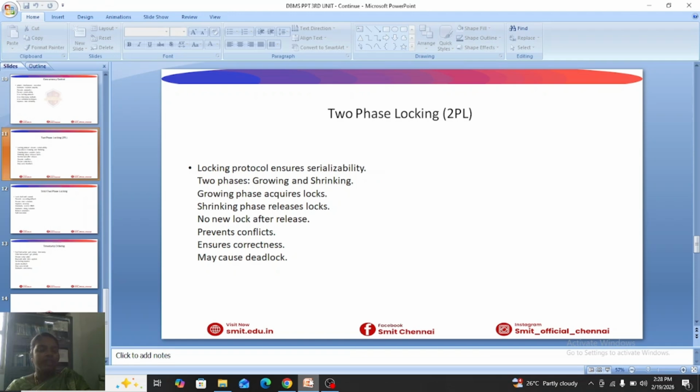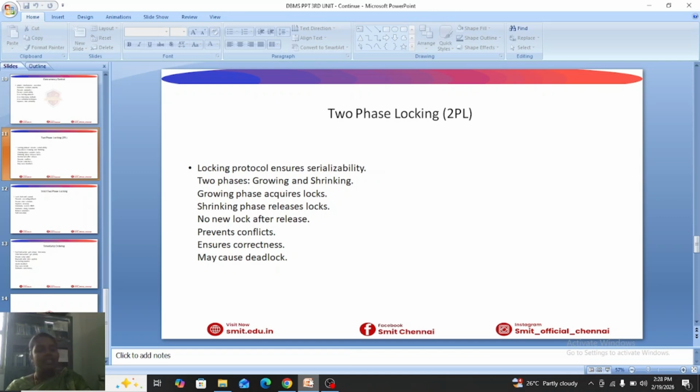Basic 2PL follows growing and shrinking phase rules, ensures conflict serializability, and may cause deadlock also. Strict two-phase locking: all exclusive locks are released only after commit or abort. Ensures conflict serializability, no cascading rollback, recoverable schedules. Most commonly used in real databases.